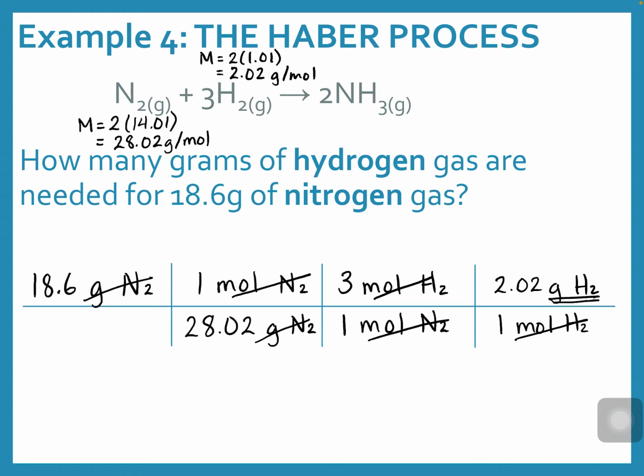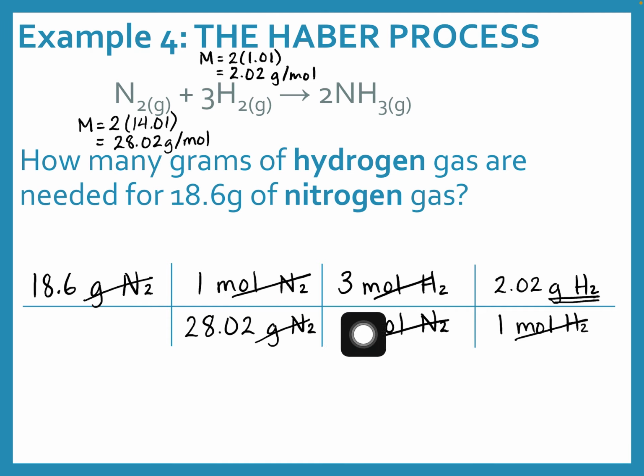That means my units in the end are a mass in grams of hydrogen. So here, I don't have to calculate each step separately. I don't have to calculate the number of moles of nitrogen, then the number of moles of hydrogen, and then the mass of hydrogen. So I can plug this all into the calculator and end up with a mass of hydrogen. So anything on the top is a multiplication, anything on the bottom is a division.